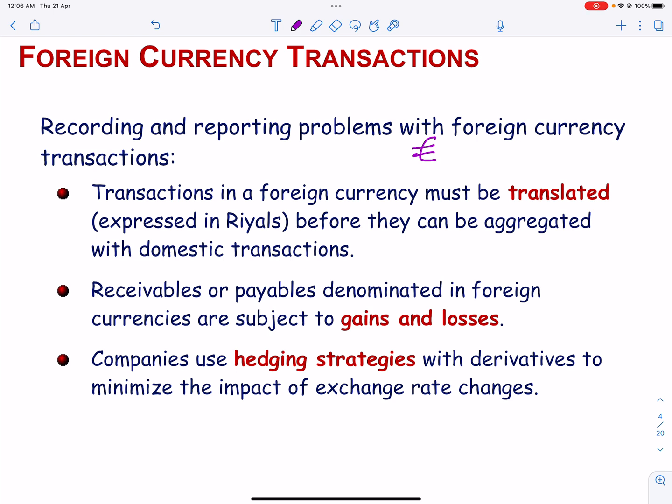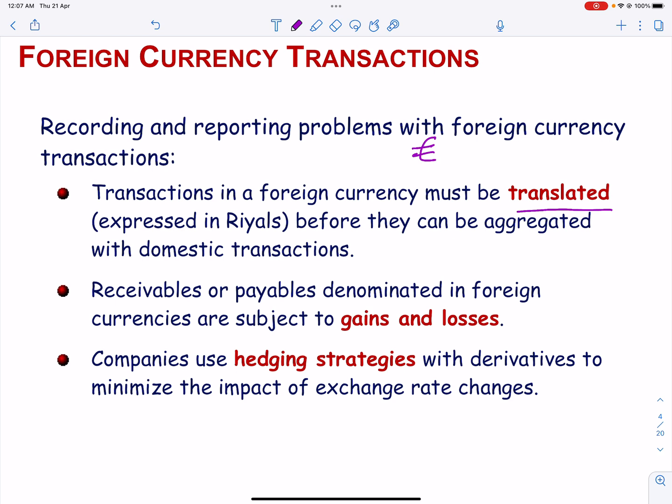However, the Saudi firm will record its transactions in Saudi riyals. So transactions in a foreign currency must be translated into domestic currency. So the Saudi firm buying from a foreign company will have to pay in foreign currency, and if it is selling to a foreign company, it might be receiving in foreign currency.